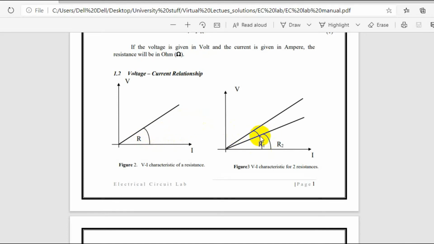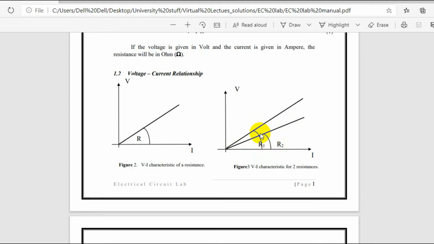When voltage is increasing, current is also increasing, a linear increase. Here the value of the resistor is R1 and R2. Depending upon the value of the resistor, the characteristic will change.